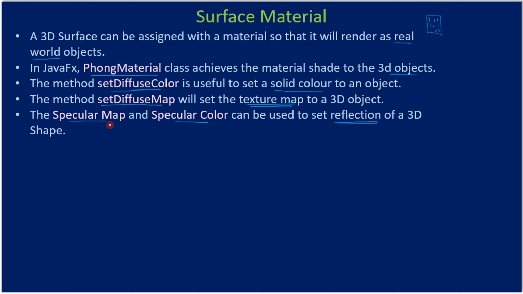Once we learn about lighting, then we can explore the specular map as well as the specular color. Definitely the 3D object reflects light, right? That's why the specular map and colors are tied to lights.